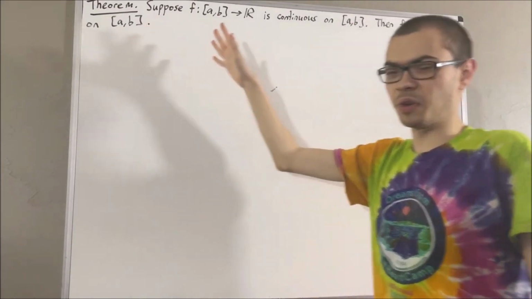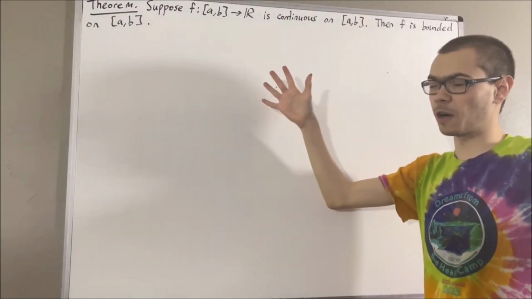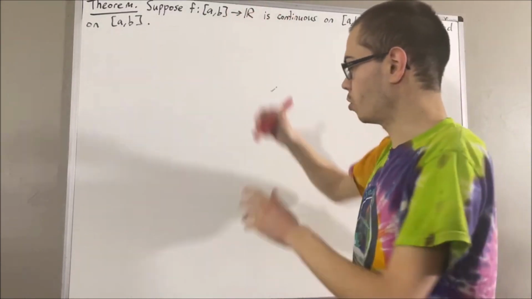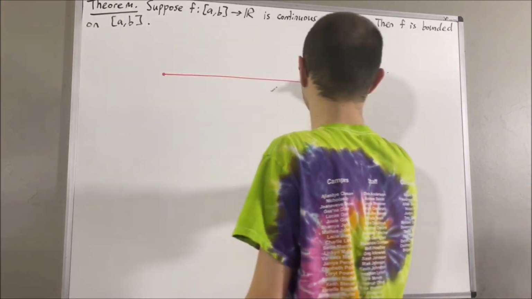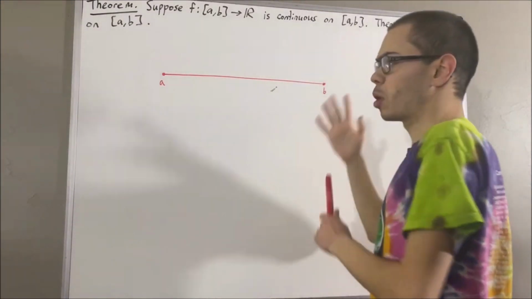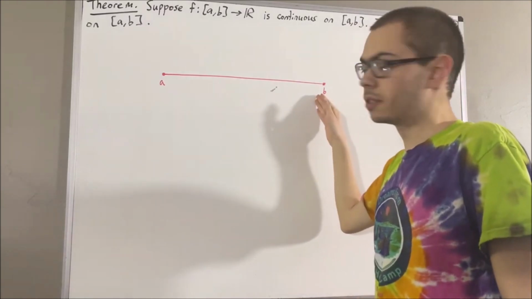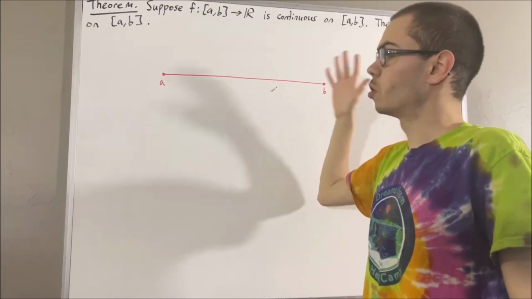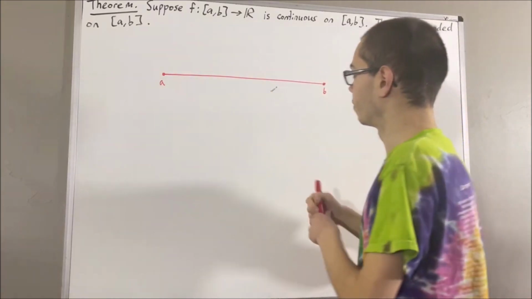Now, in proving this theorem, we are going to be using the concept of partitions of an interval. So if we consider our closed interval [a, b], well then, a partition of [a, b] is a collection of non-overlapping closed intervals whose union is [a, b].